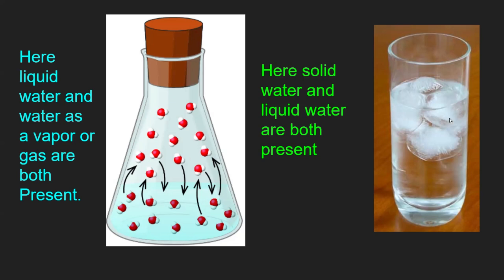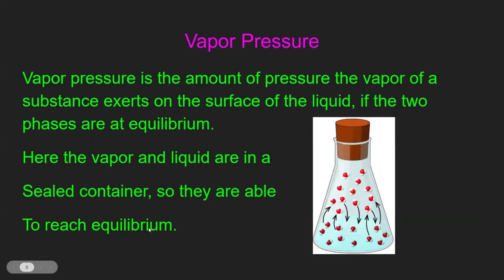Over here you have the situation I was talking about, with ice and liquid water. Some of this water is in the solid phase and some of it is in the liquid phase. Where you have both a liquid and a solid present, you can have the formation of an equilibrium between the solid state and the liquid state. And here you can have the formation of an equilibrium between the liquid state and the gas state.